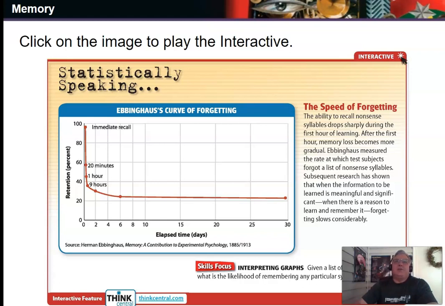Subsequent research has shown that when the information to be learned is meaningful and significant, when there's reason to learn and remember it, forgetting slows considerably. And so that's why when we were talking about the PQ4R method, you were to try to relate it to something personal in your life, because it'll be harder to forget in that instance.